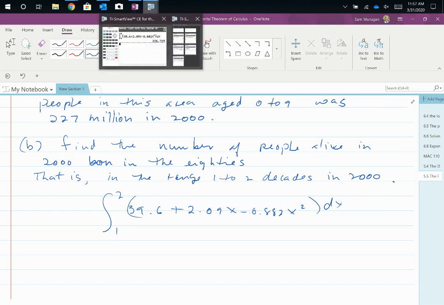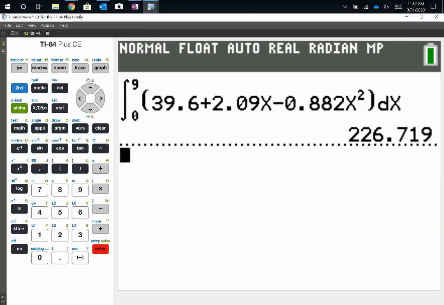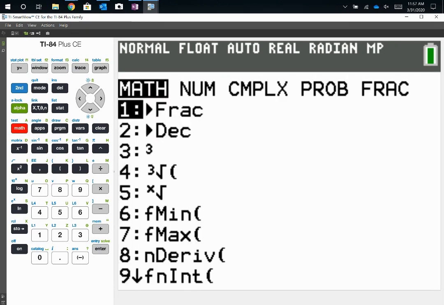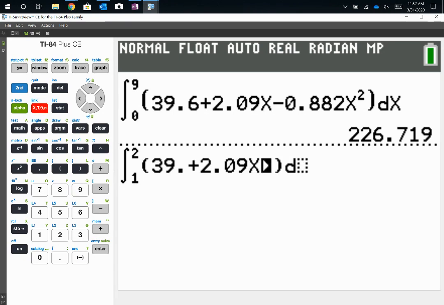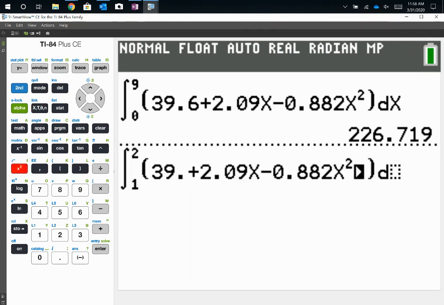So now we're going for 1 and 2. So math, same function, but 1 to 2 instead. 39.6 plus 2.09x minus 0.882x squared dx.